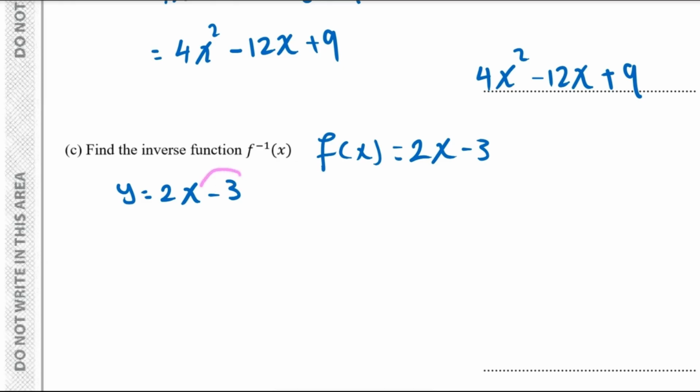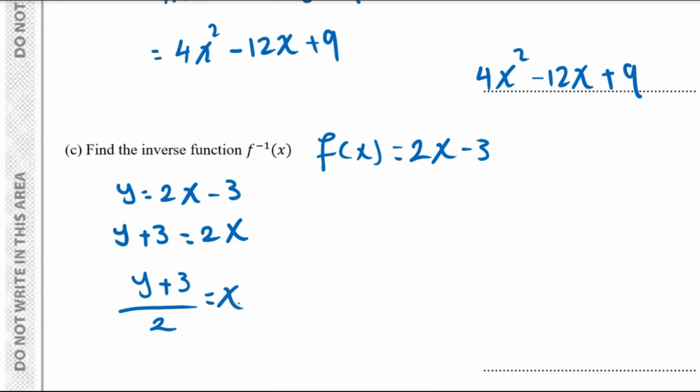Minus 3, bring it to the other side, would be plus 3. So it would be y plus 3 equals 2x, and then 2 is times x here, and if it's times, go to the other side as a divide. So it would be y plus 3 divided by 2 equals x.